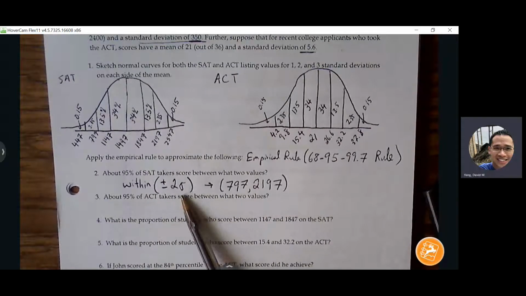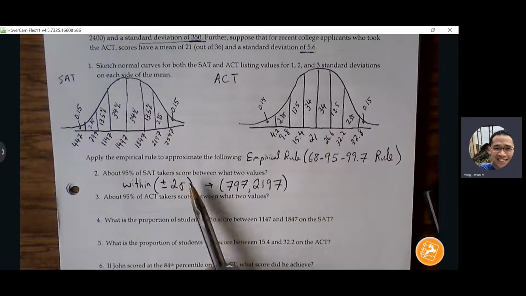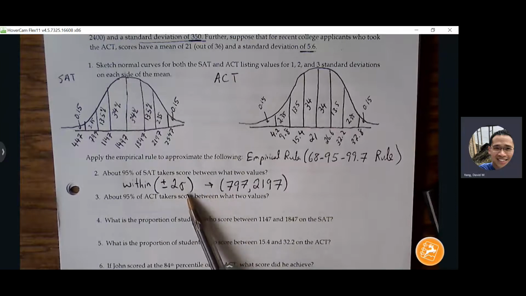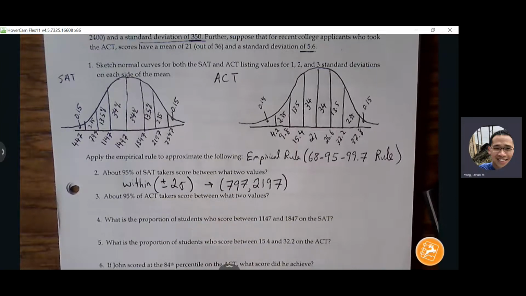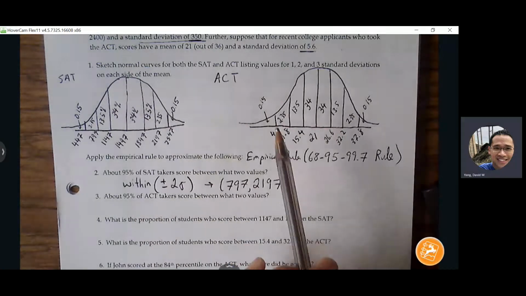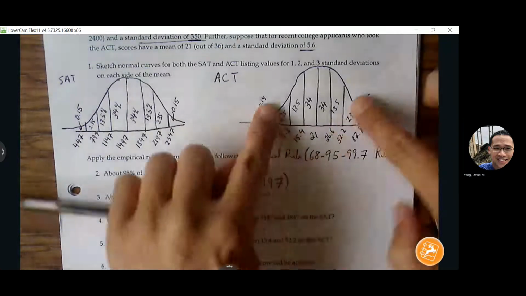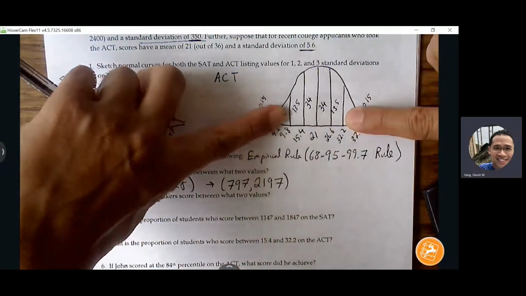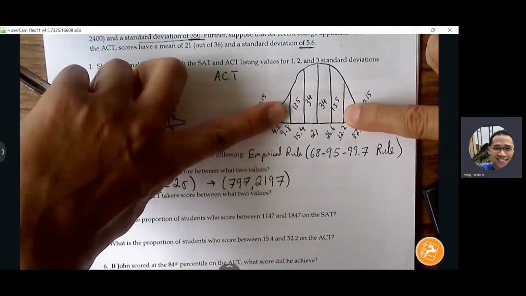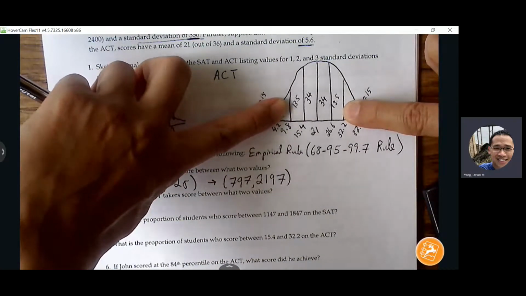Okay, I'm trying to write sigma, that lowercase sigma there, kind of an O with a tail. Okay, 95% of ACT test takers, you see that's going to be within two standard deviations, so 9.8 and 32.2, right?